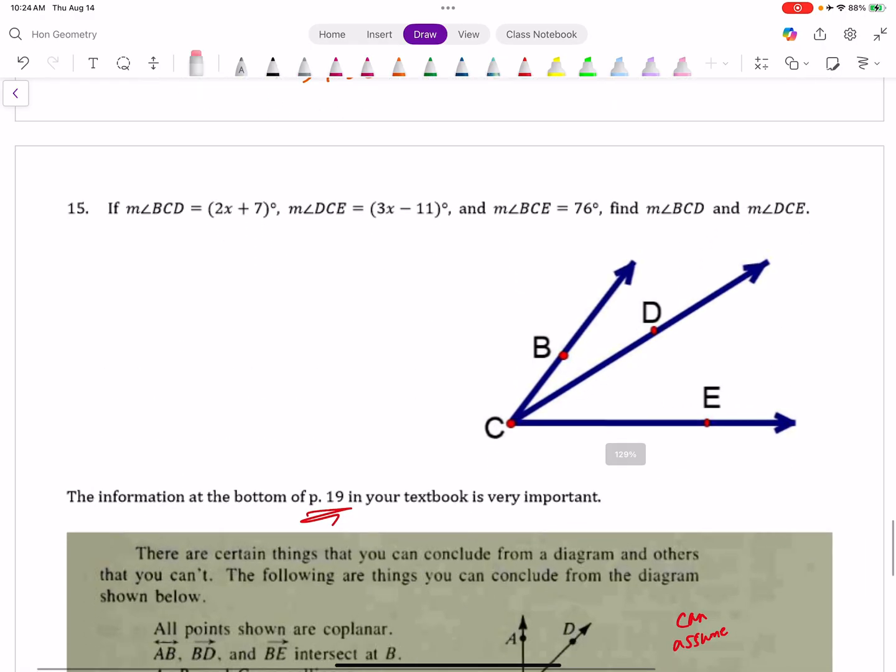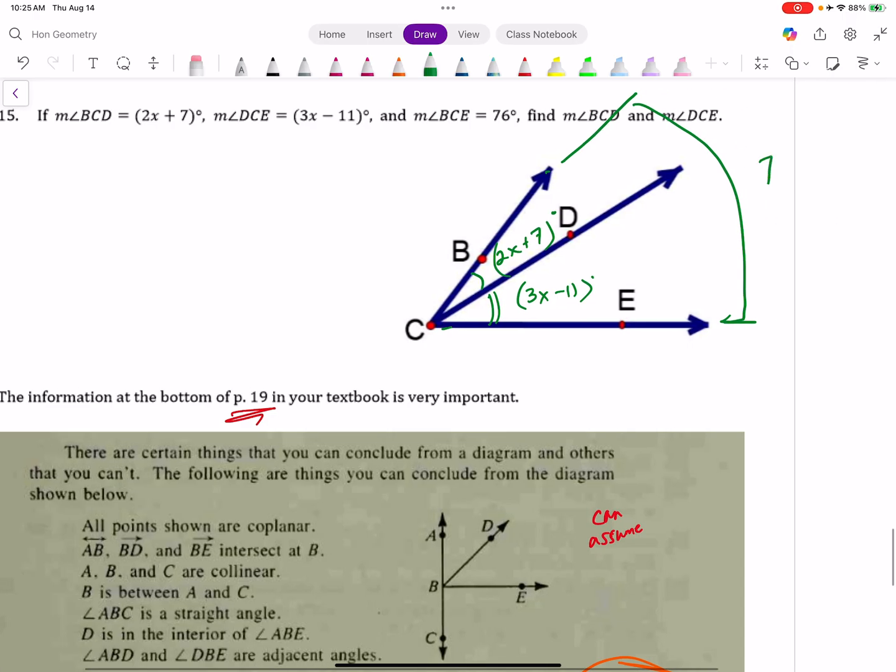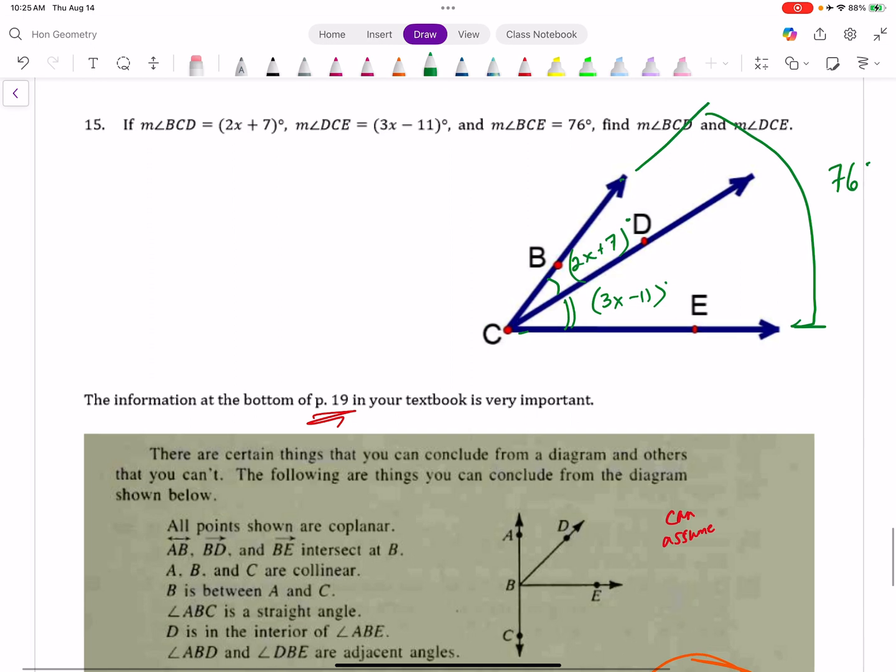All right, so last problem. If the measure of angle BCD is 2x plus 7 degrees, and the measure of angle DCE is 3x minus 11 degrees, the measure of angle BCE, that's the big angle, so this whole measure is 76 degrees, then we'll just use the angle addition postulate.